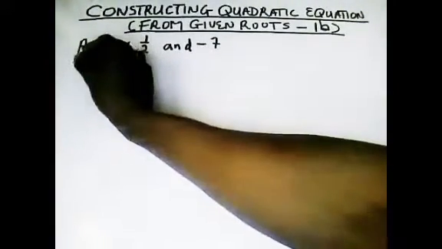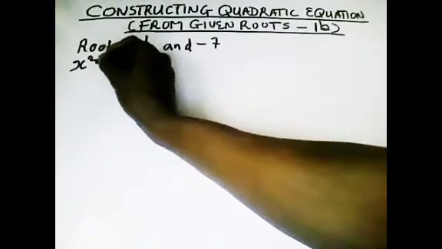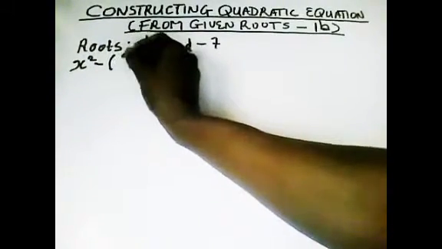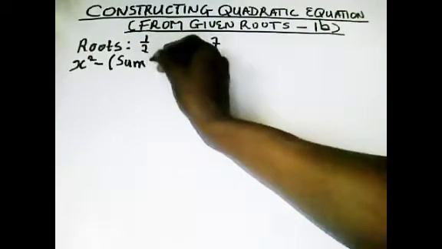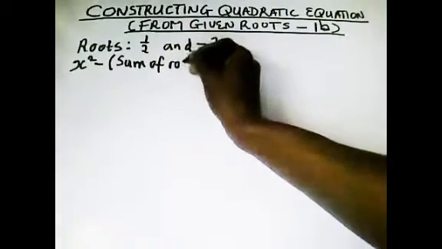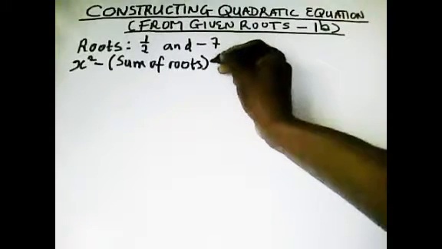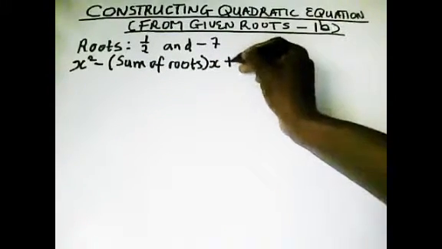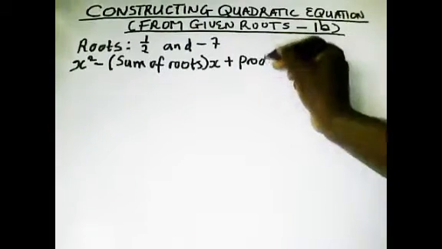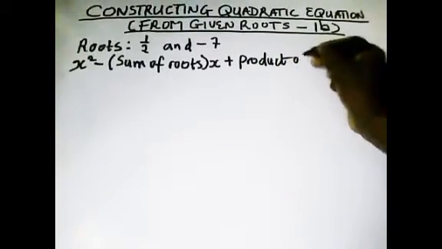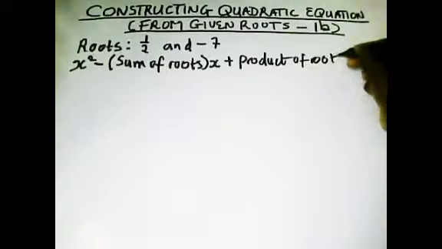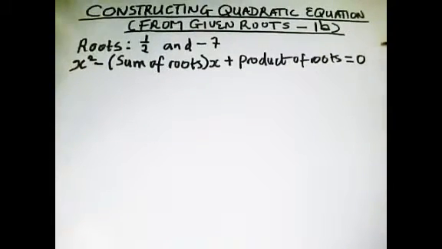We used the formula x squared minus, then we open the bracket and say sum of roots, then we close the bracket, x, then plus product of roots, and everything equals 0.